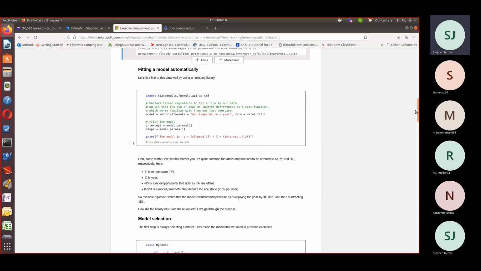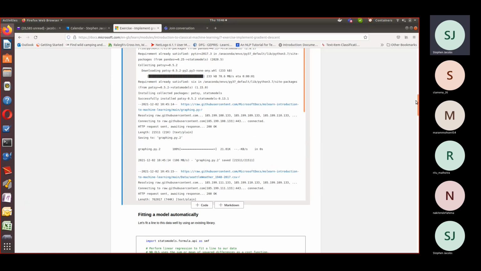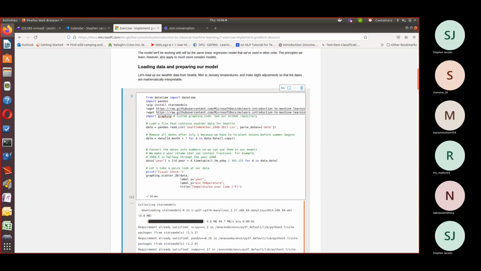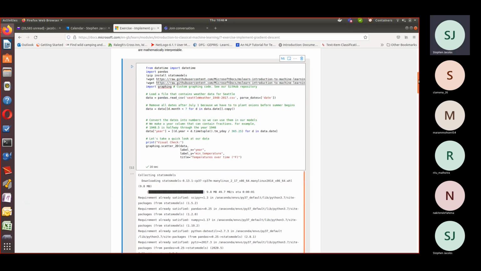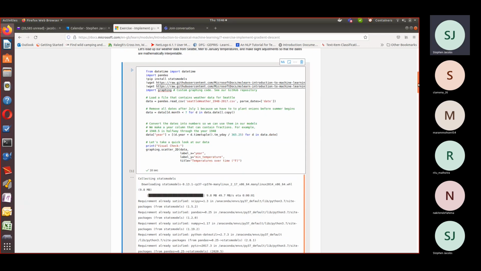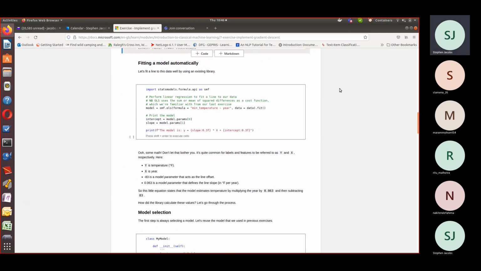And now we're going to fit our model automatically. So let's fit a line to this data by using our existing library. And as we can see, it's exactly the same as it was before.